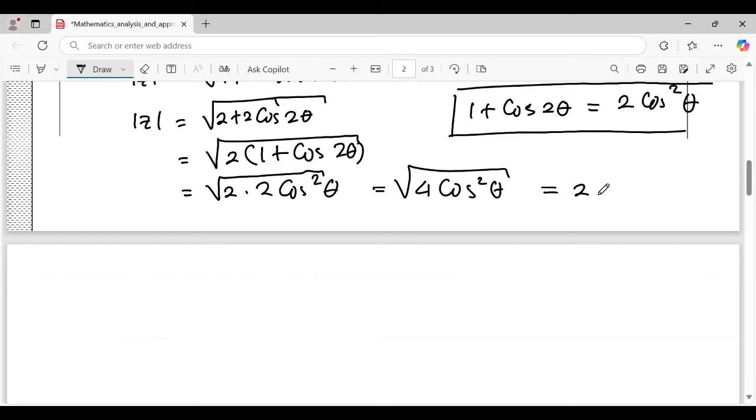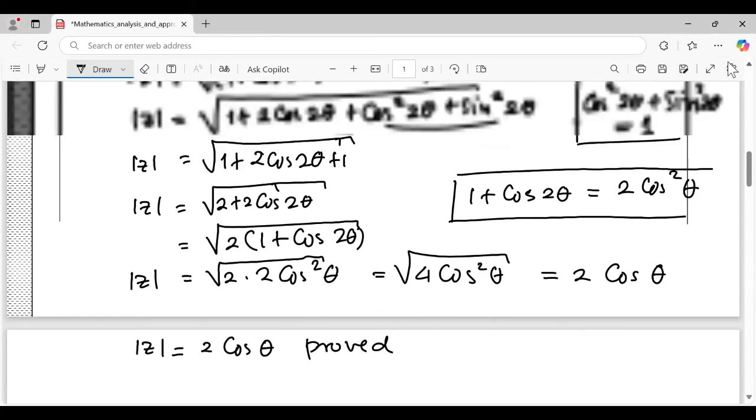The square root of 4 is 2, and the square root of cosine squared theta is cosine theta. So proved that modulus z equals cosine theta. All right, next.